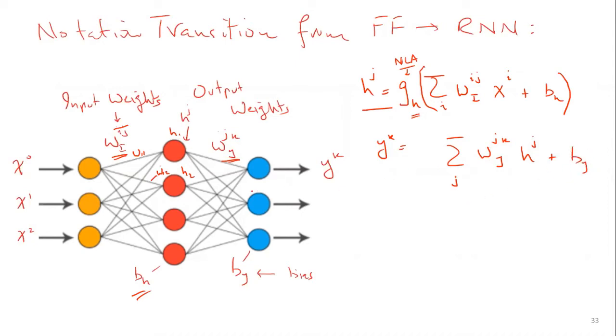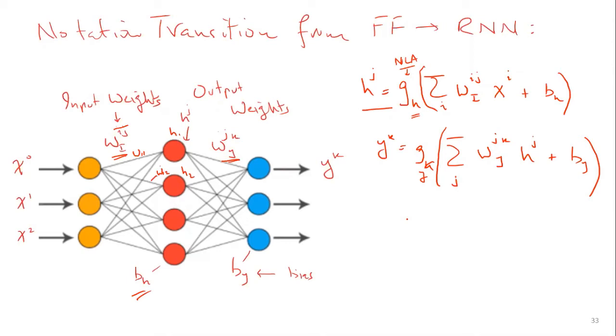And then the output has an activation as well. So it's going to be g of y. Okay, so far so good. Oh, sorry, g of y. Okay, so this is the complete equation for the outputs, right?